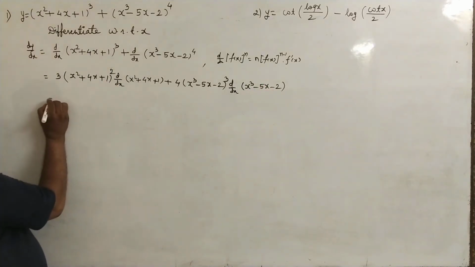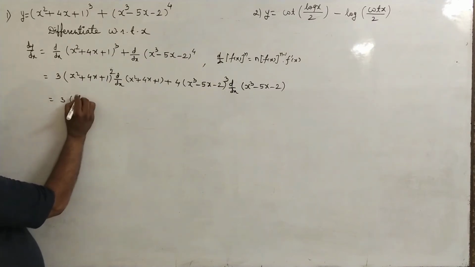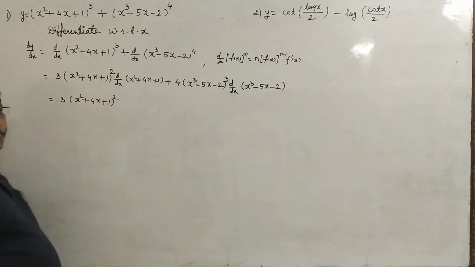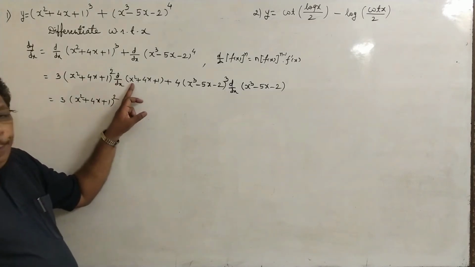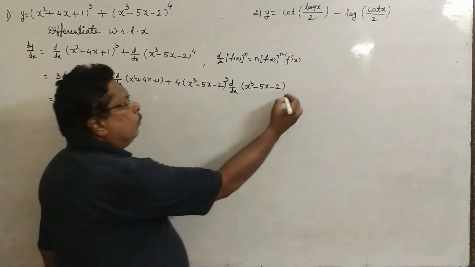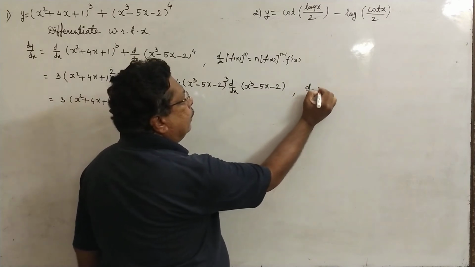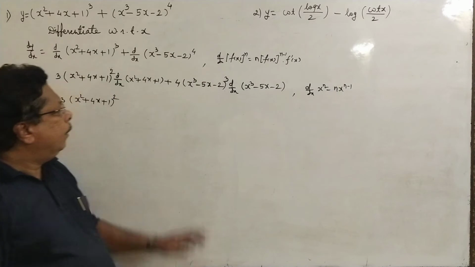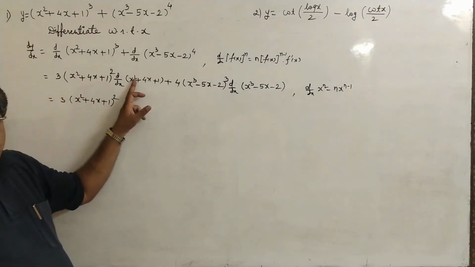Okay, carry the first term, 3 into (x square plus 4x plus 1) square. Now the derivative of x square, use the formula: the derivative of x raised to n is n x raised to n minus 1. What is n here? n equal to 2.